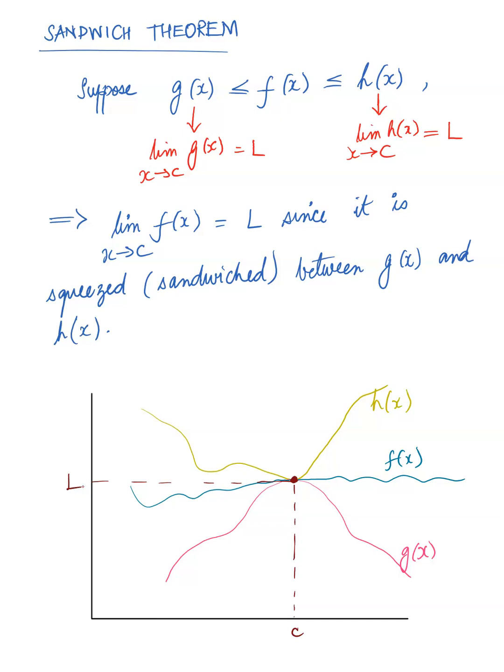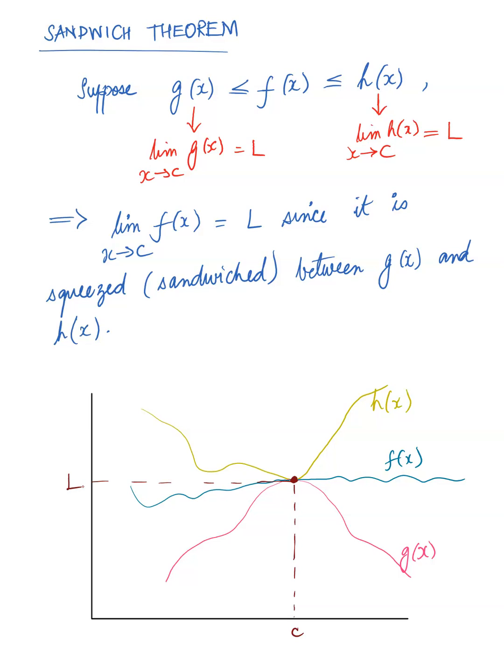As x approaches c, the limit of h and g must be the same limit L. That means we're saying this f of x that is in between them must also be pinched there, right?